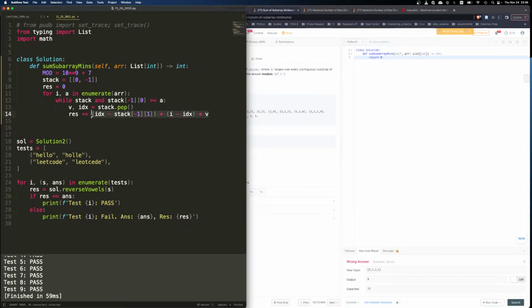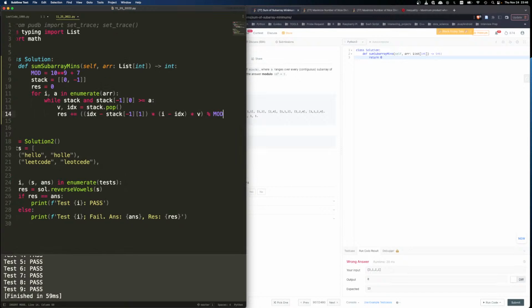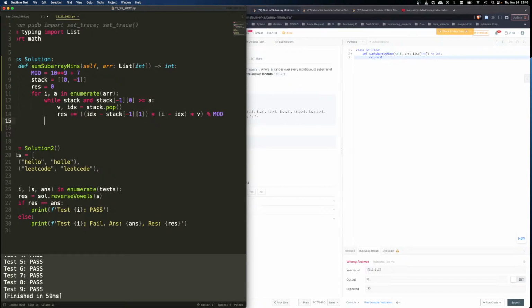And of course, we're gonna mod this. And then we're gonna try again and again until we cannot, then stack.append(a, i).